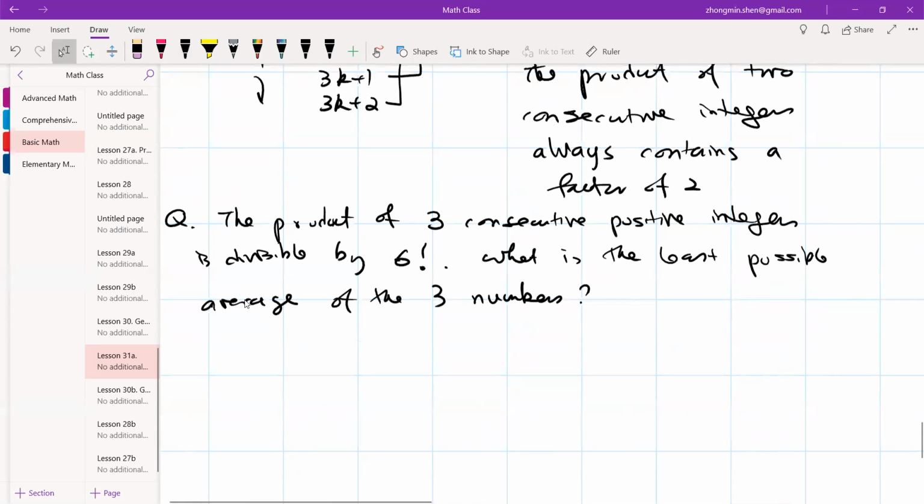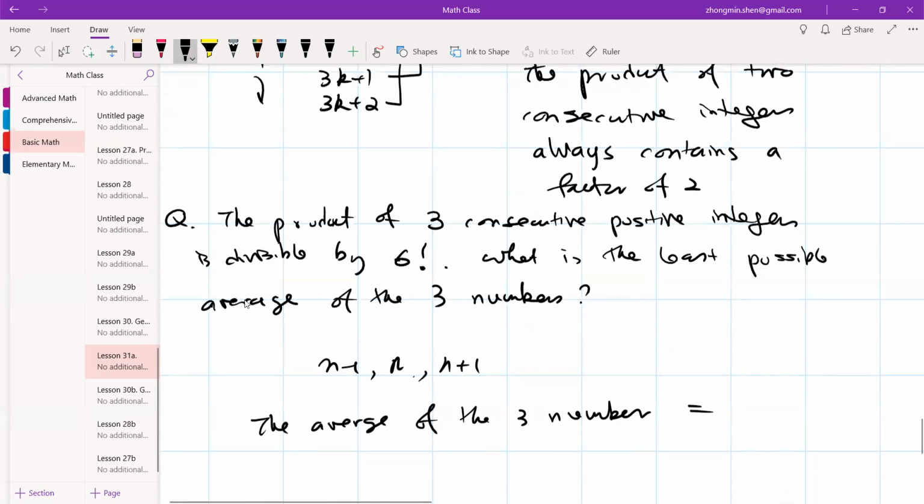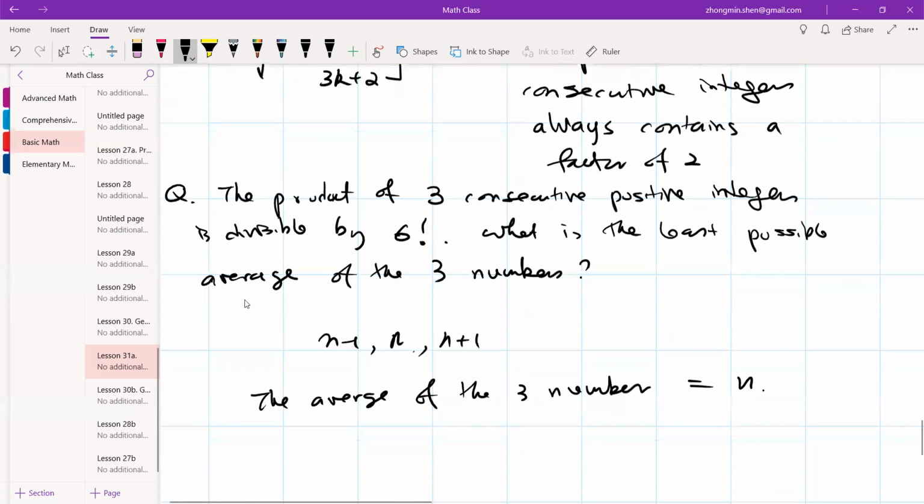All right, Kevin says 2, Lou says 2, Alex Chen says 2. Do you think clearly it's 2 or not? The least possible average cannot be 2, come on. So you have consecutive integers n minus 1, n, n plus 1, right? The average of the 3 numbers is actually n, the one in the middle.